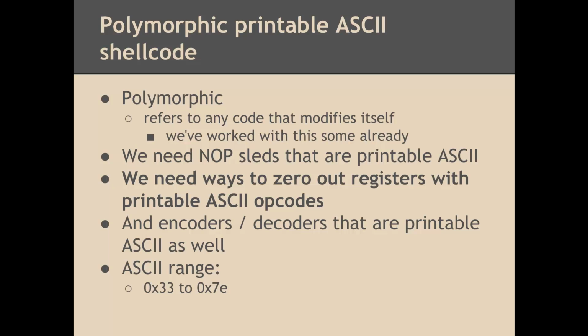Metasploit has a number of encoders that work with this, and I've used them with a great deal of success. Effectively what you'd have is a NOP sled that would be printable ASCII, a way to point the processor to start running on that NOP sled, or what other people call a launchpad, a way to zero out the registers, and then assembly instructions in the ASCII range that start decoding the rest of the payload.